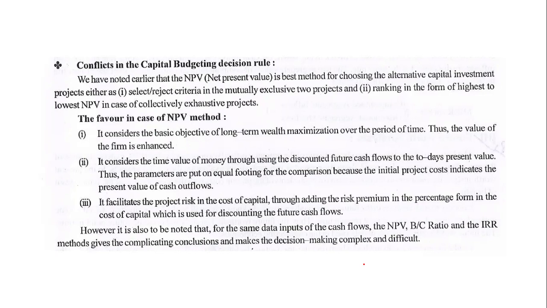It may be a single project or multiple projects. Secondly, it gives the ranking from highest to lowest net present value, for comparing which project is more beneficial for the company or which one gives losses.